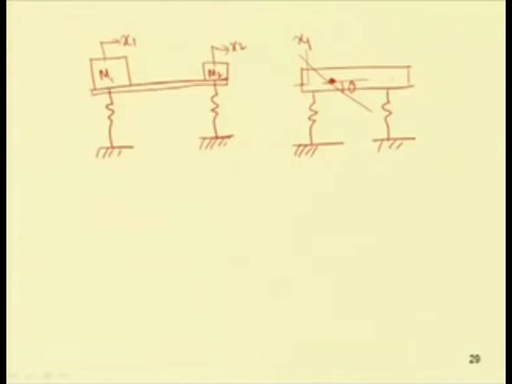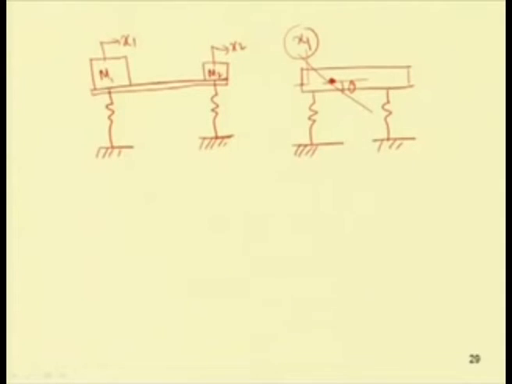Either one can represent it by only translational displacement at these two ends or by using one translational and one rotation. Also, these points can be changed and one can get different types of equations. Depending upon the chosen coordinate system, one can obtain a coupled or uncoupled equation of motion.